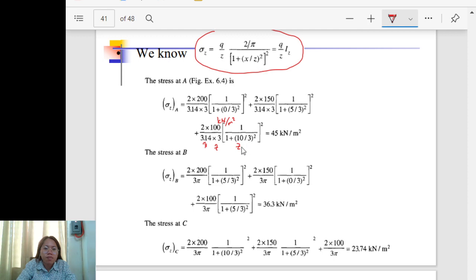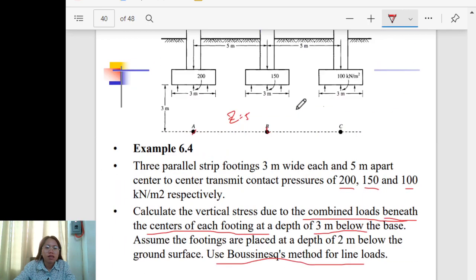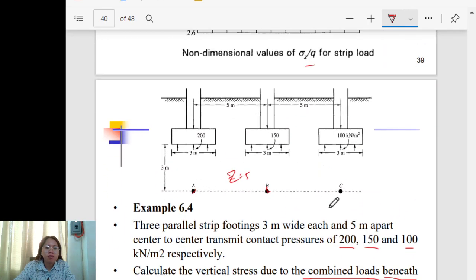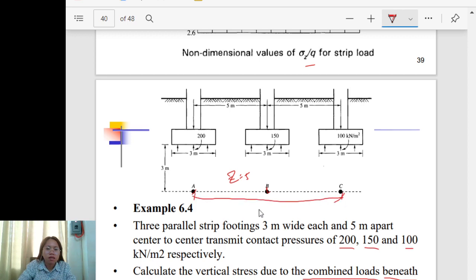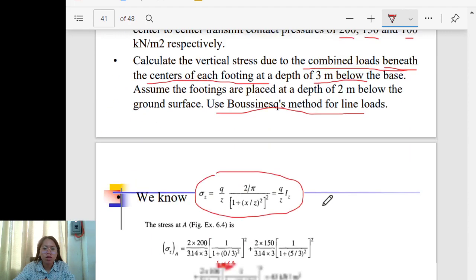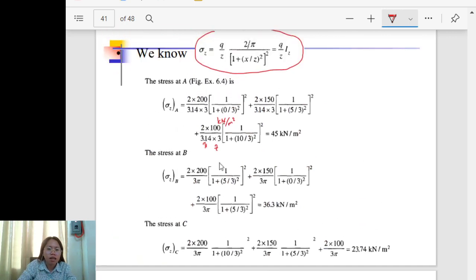the depth. I mean, x, no? That is the x rather. This is x, which is from the first footing to the third footing, the distance is 10. No? Because we are to determine the vertical stress due to the combined loads, what we put here is 10 over z, no? That x.